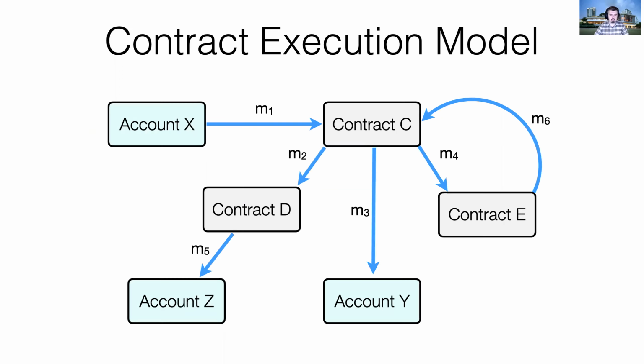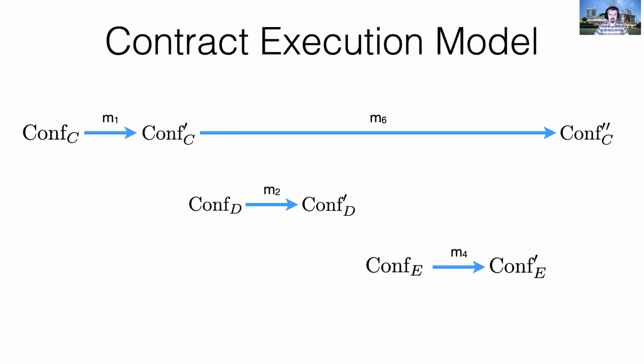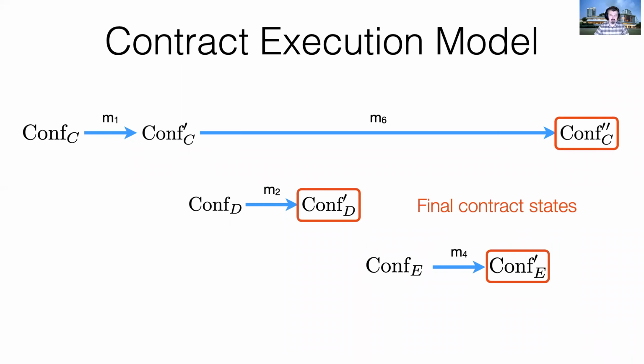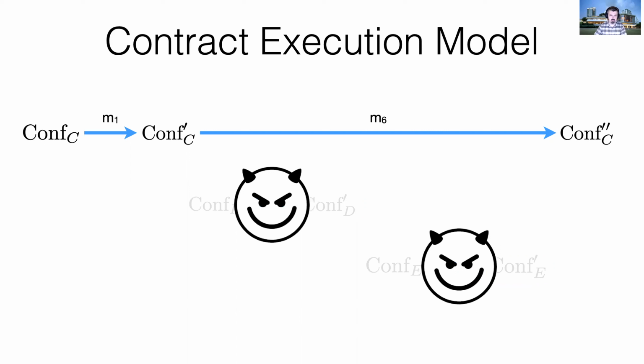And now what we can do is consider all kinds of classes of messages that can be sent to particular contracts and try to reason about all the reactions of these contracts to these messages. That's known as an execution model, and this is just something that people in the formal methods field do. They think about execution models and how to reason about those executions to prove certain properties.